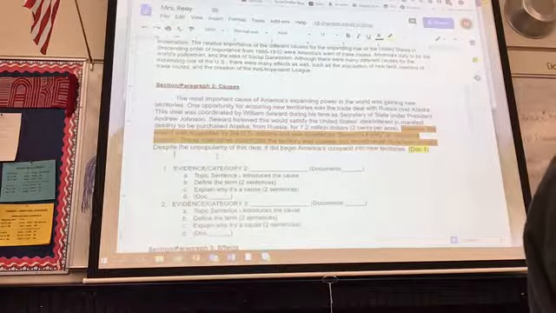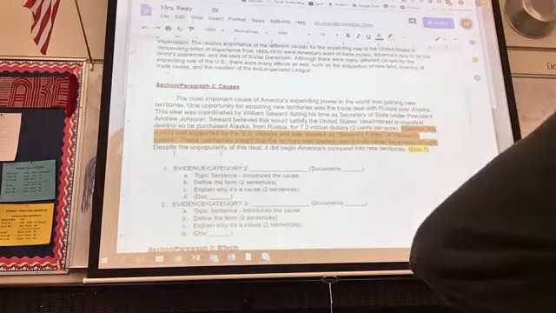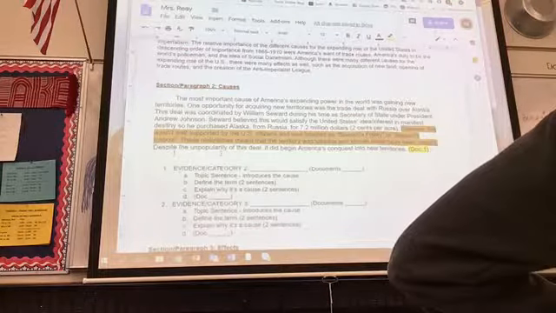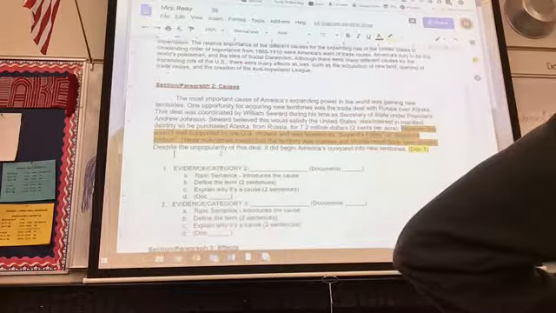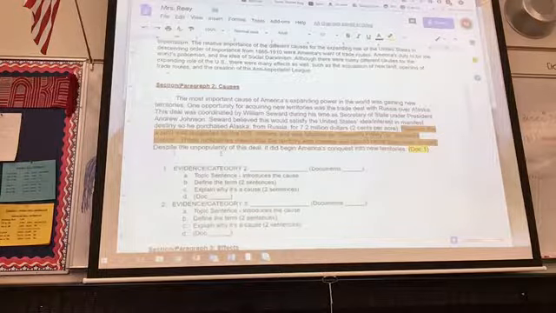Now, the last thing we have to do is what is known as a HIP analysis. If you will flip into your packet, the DBQ worksheet packet, and go to the very last page. Go to the very last page.